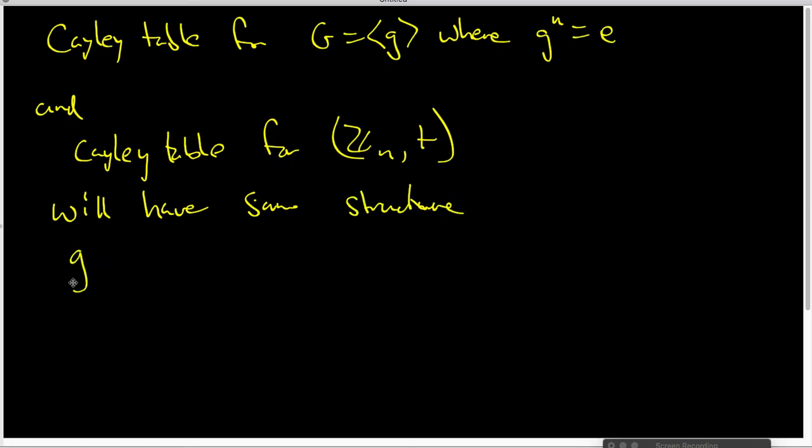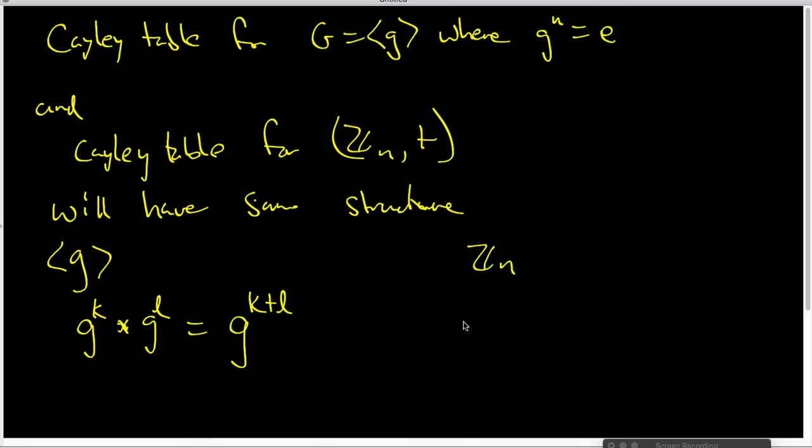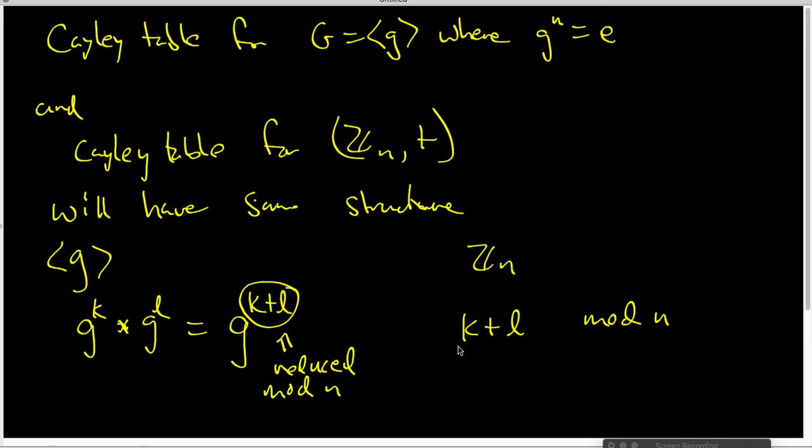It's just that in the Cayley table for the generic cyclic group, we will have g^k times g^l written as g^(k+l). And over in the Zn table, we will have k plus l written down as whatever k plus l is, mod n. And it's just that this exponent, because it is reduced mod n, will look exactly the same as the k plus l over in the Cayley table for Zn under plus.